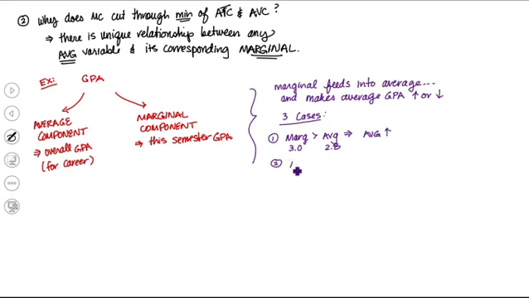And second, if your marginal is less than your average, so let's say you have a 3.0 this semester, but your average is a 3.4. So this semester you get a 3.0, but your overall average was a 3.4. What happens to your average? Goes down, right? Your average goes down. And what's the last case?